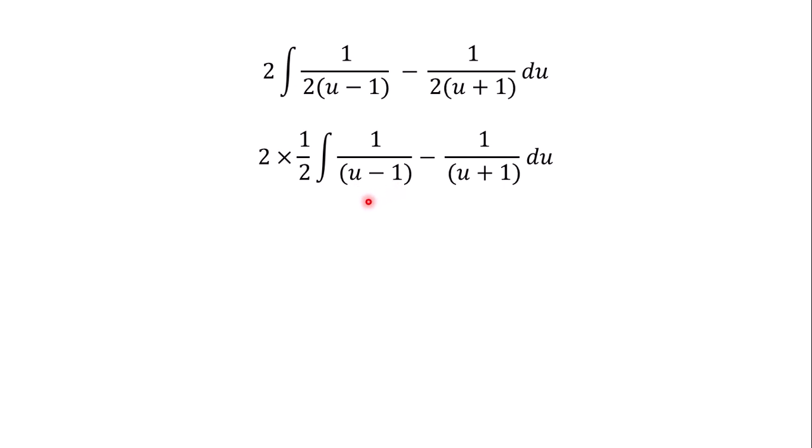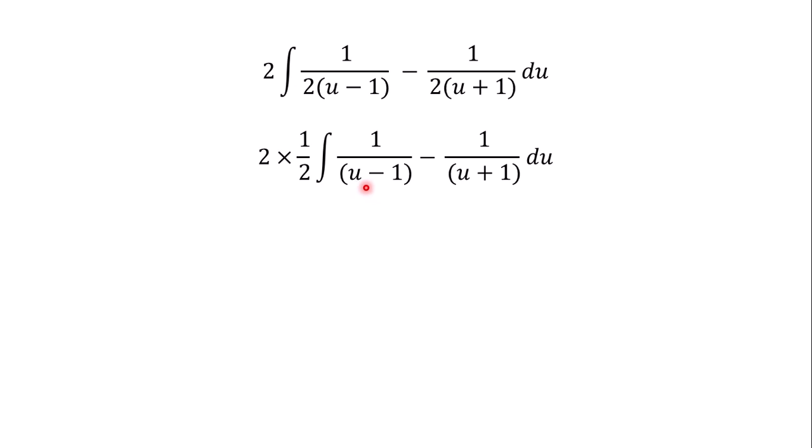Now let's differentiate: dp is equal to du. When you bring that into the integral sign, you get 1 over p dp, which we know gives natural log absolute value of p. And p is just u minus 1. So that is why, when you integrate something of this nature, you always get this back: it's because of the substitution that we do.